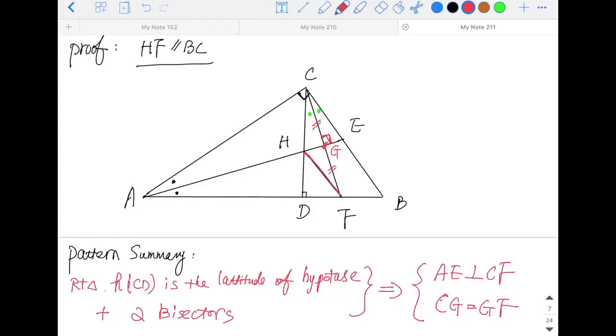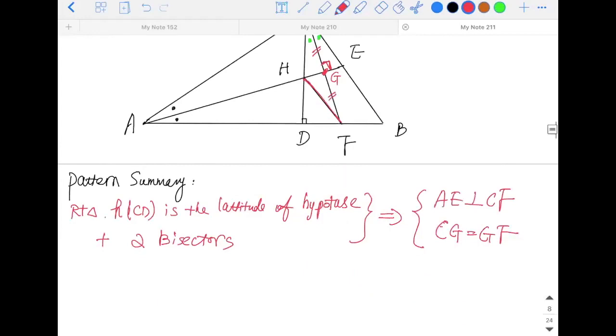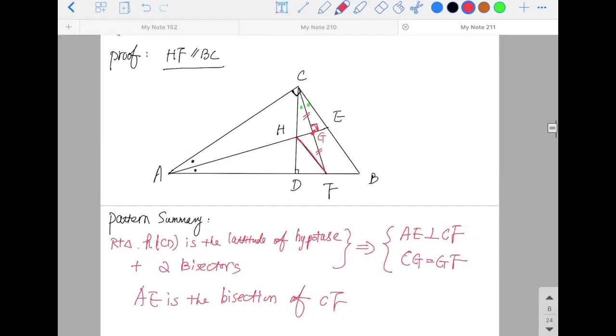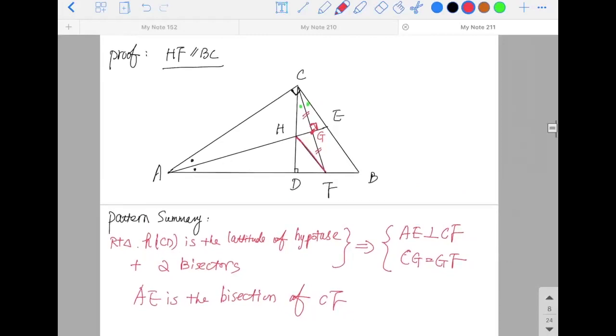So that being said, what does it mean? AE is the bisection of CF. Is that right? AE is perpendicular to CF and CG is the same as GF. It means AE is actually the perpendicular bisector of CF. Is that right? Any objections?